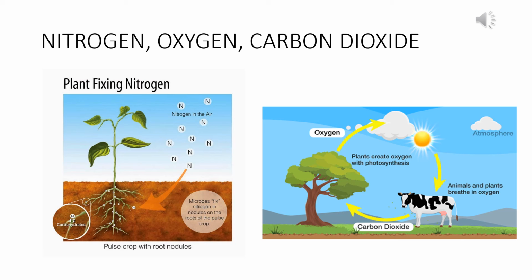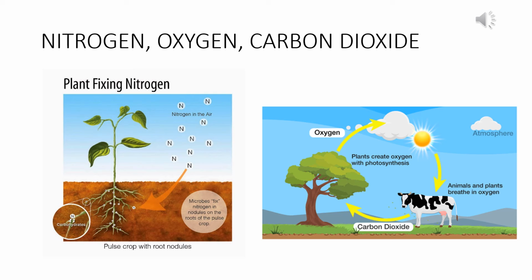Now the oxygen, which is very important for us as we are breathing in the oxygen and giving out carbon dioxide. Plants are actually creating oxygen through the process of photosynthesis, and that oxygen is given out in the atmosphere, which is taken in by all the animals through the breathing process.